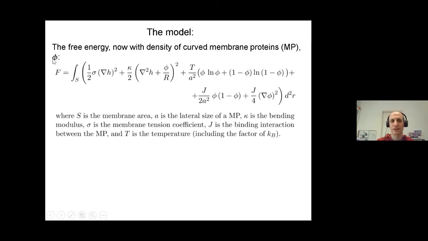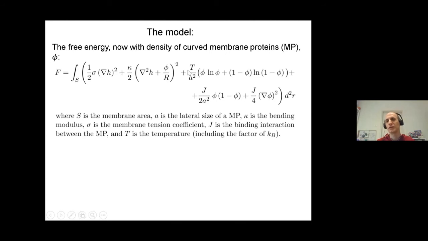So first of all, because they are curved, they have some spontaneous curvature, which is denoted here by -1/r, so that if you take away from the membrane curvature the spontaneous curvature that they are inducing, you can see that the membrane curvature will not give you any energy contribution to the total energy if it perfectly fits the spontaneous curvature that this density of proteins would like to have at that particular location on the membrane.